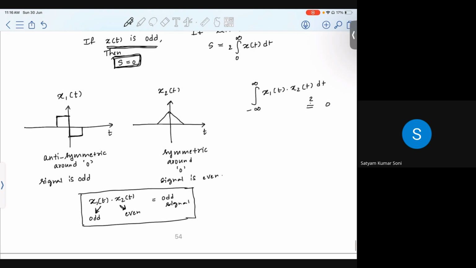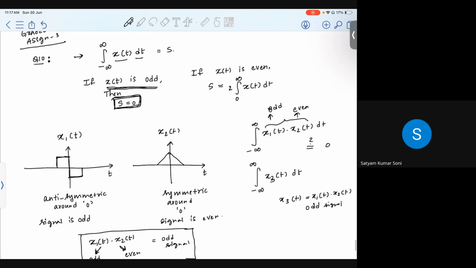From the property we have just seen, since the first signal is odd and the second signal is even, the product, which is x3 of t equals x1 of t times x2 of t, is also an odd signal.